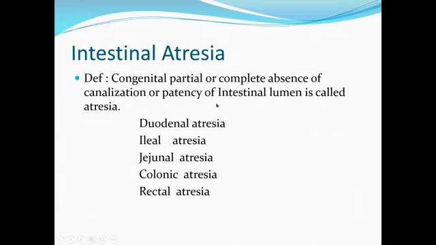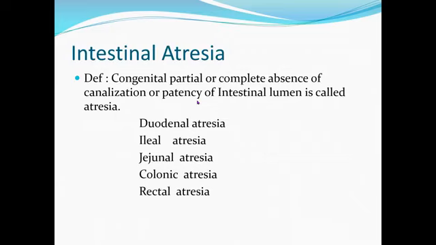Anywhere, if the lumen is not created, or is erased in intrauterine life, the luminal continuity is affected and intestinal atresia occurs. So this is congenital partial or complete absence of canalization or patency of the intestinal lumen, called atresia. It gives rise to intestinal obstruction at a very early age, in the neonate.